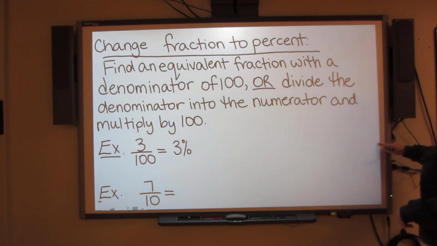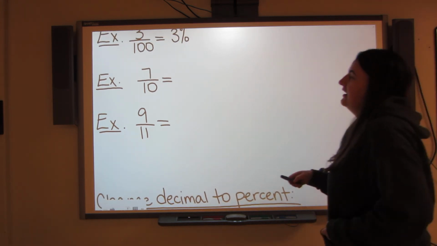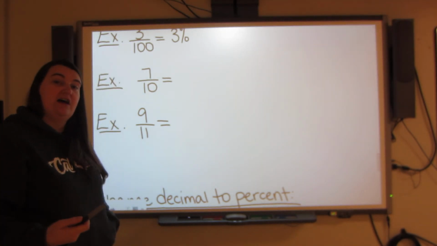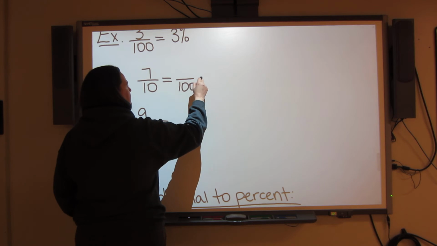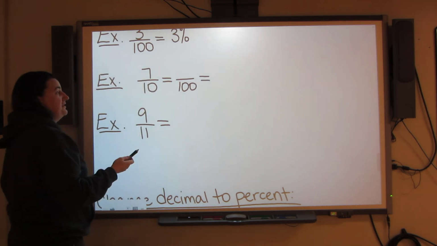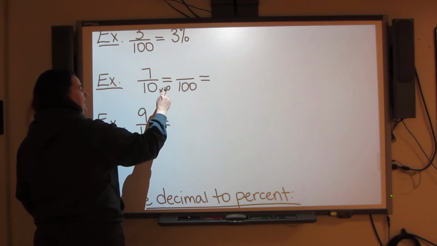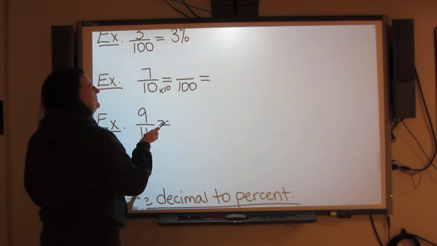Now what if I have some other examples here? I've got 7 over 10. Now I need to change that into a denominator of 100. So 7 over 10, 10 changed into 100, I have to times by 10. It's one of my 100 math facts that I hopefully have memorized by now.